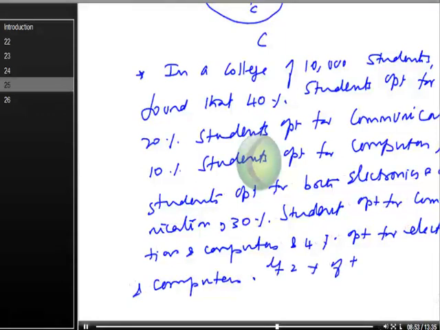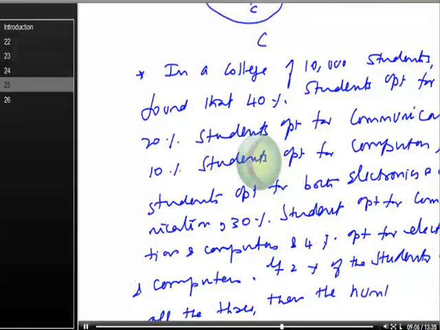If 2% of the students opt for all three, then the number of students who opt only for electronics is 3,100, 3,300, 2,900, or 1,400.